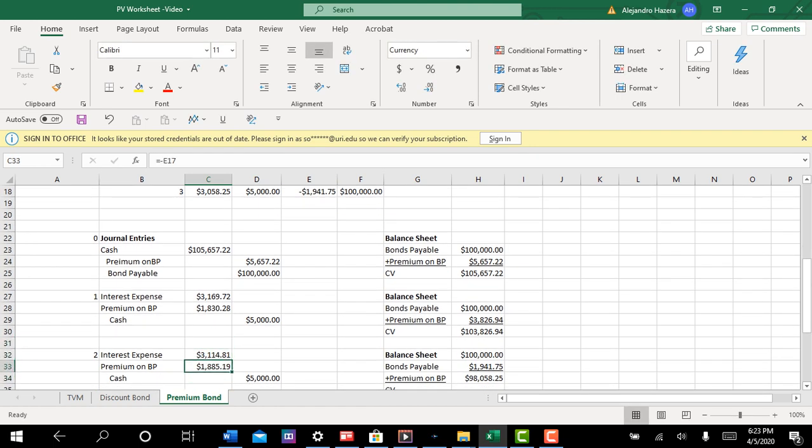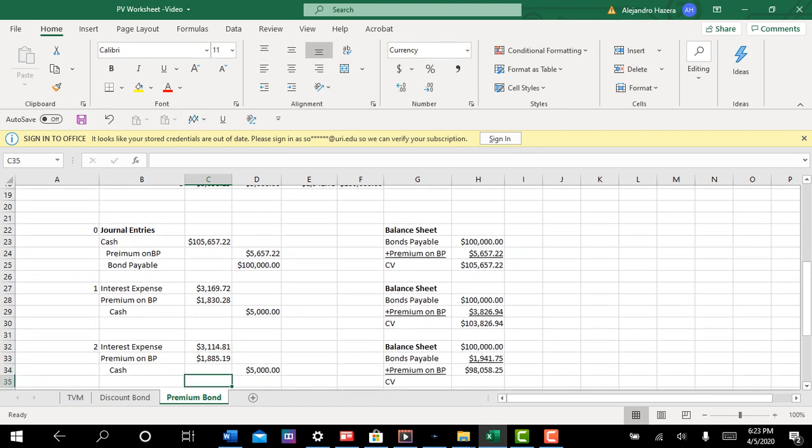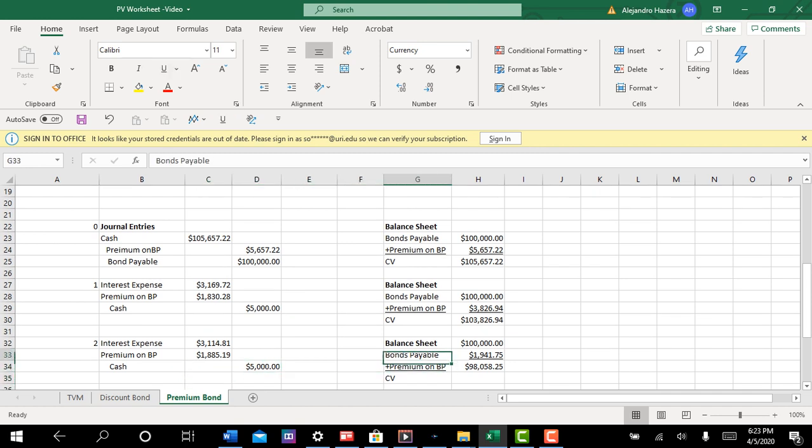So there's your entry. And notice your new carrying value. Let's move this up just a little bit so the lines correspond. Okay, so on your balance sheet, let's put a row in there.